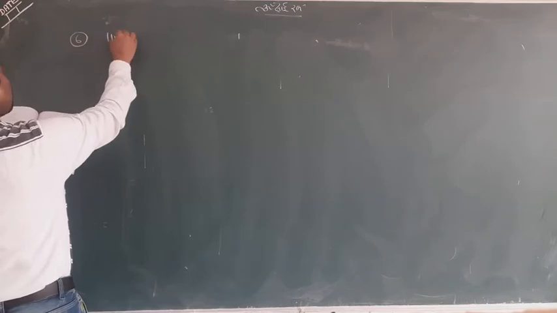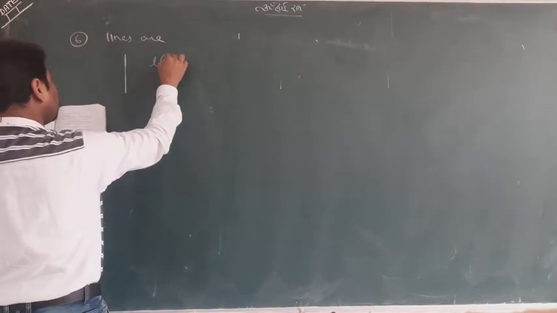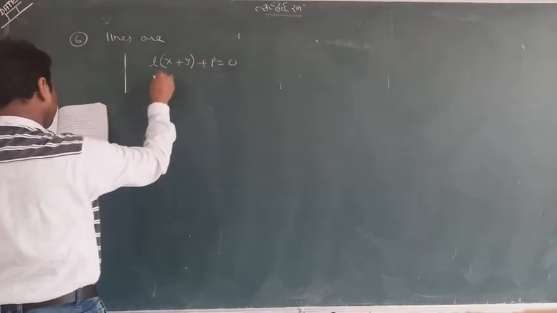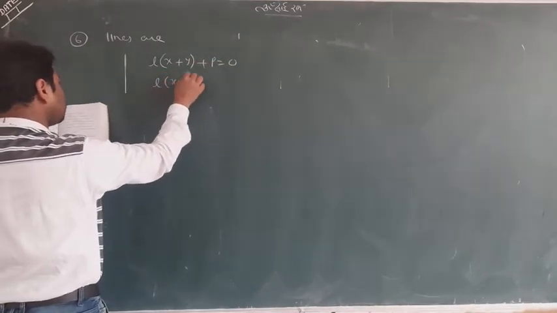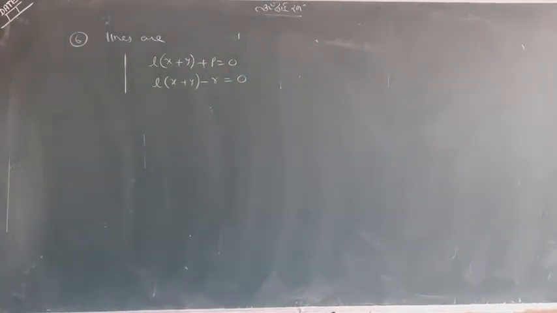The lines are lx + ly + p = 0 and lx + ly - r = 0. Let me explain something.